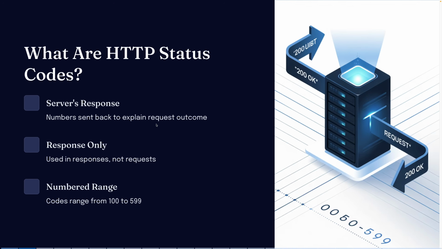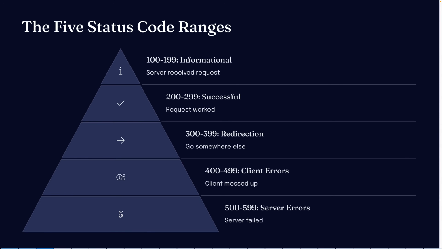Whether it has succeeded or whether it has to be redirected, these codes are the server's way of communicating the outcome. Here is the key: status codes are only used for the responses, not in the request. You use HTTP methods like GET or POST in the request, but status codes are for the server's reply.